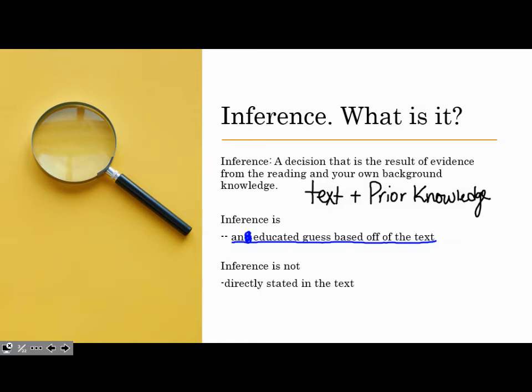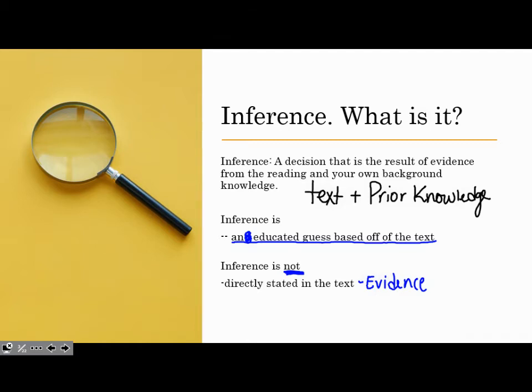Inferences are not directly stated in the text. If something is directly stated in the text, that means it is a piece of evidence. So when we talk about evidence, we want to say that evidence is proof. The easiest way that I have to think about evidence is by thinking about crime shows. When we watch crime shows, we see that the police officers and the detectives are trying to prove that a person is innocent or guilty, and they do that by finding evidence.